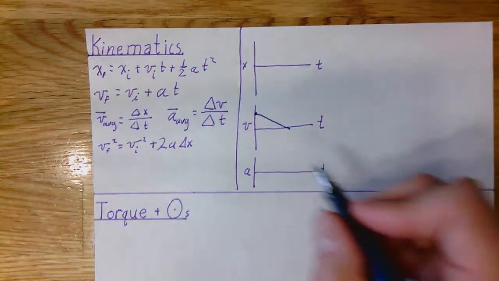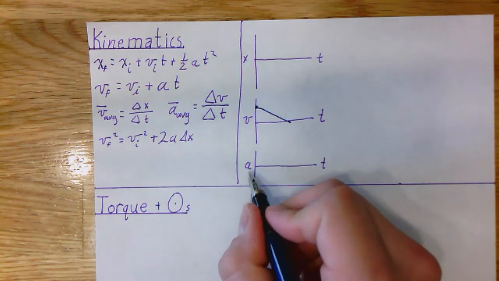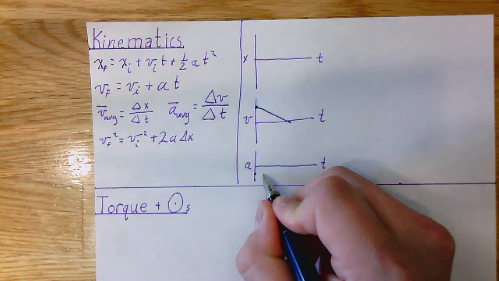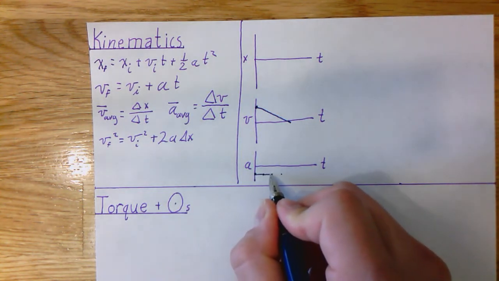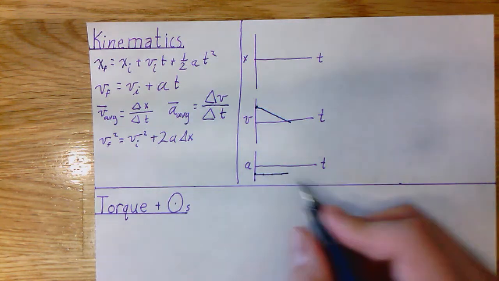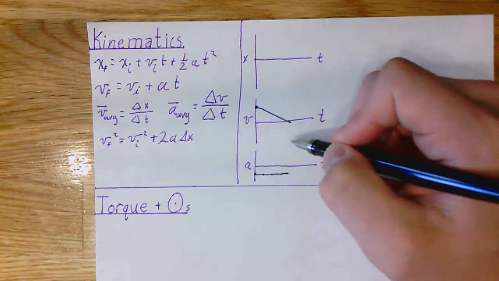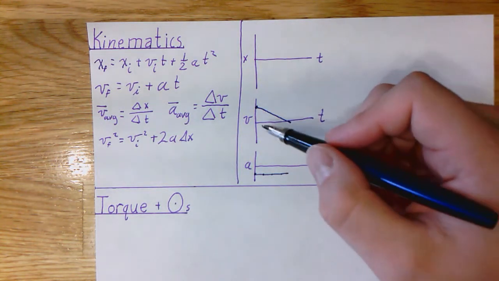Okay. So because the slope here and here and here and here is all the same, our acceleration is the same. It's negative 1/2 there, it's negative 1/2 there, it's negative 1/2 there, and there. So we just get a horizontal line, and it's on the negative side of the t-axis because our slope here is negative.